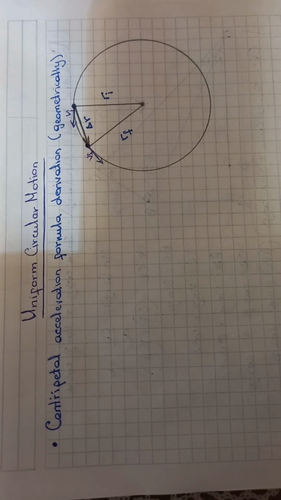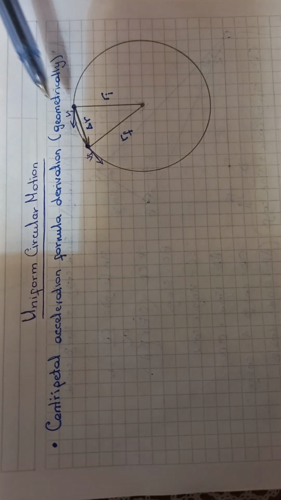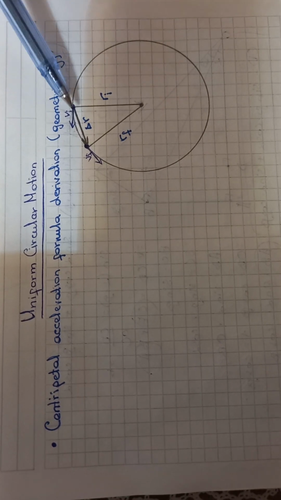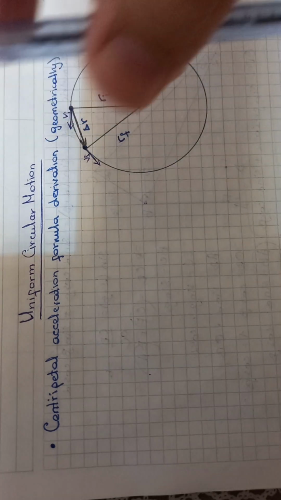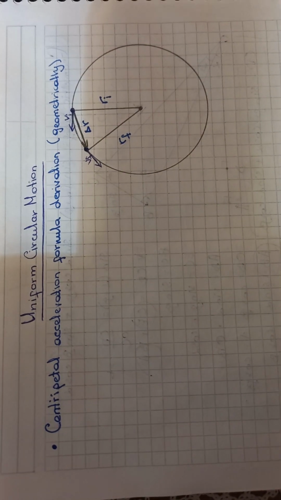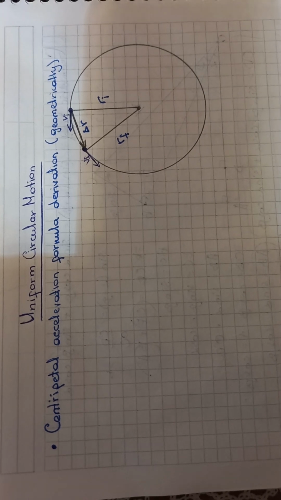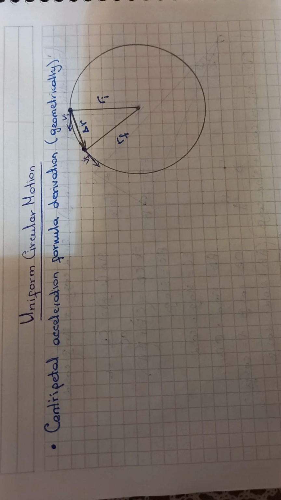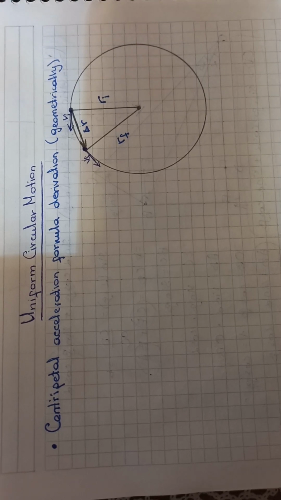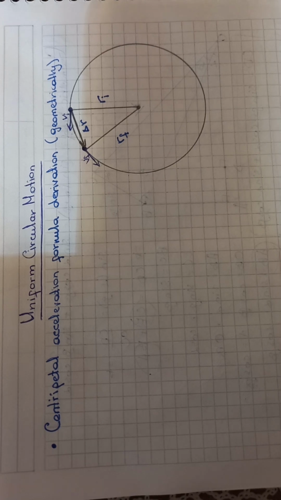same speed. Although it has the same speed, the direction of the velocity vectors changes all the time because it is moving in a circle. So although the magnitude of its velocity is the same at all points, which means it has the same speed at all points, because the direction of its velocity changes all the time, that immediately tells us that there is acceleration, because if there was no acceleration, then it wouldn't change its direction.